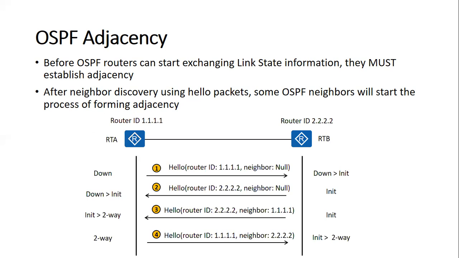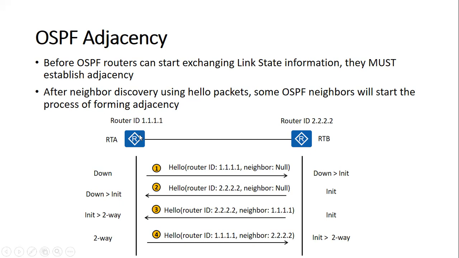We looked at this diagram in our last video, the process of forming neighbor. Remember, we had the three states of neighbor. It can be down when this router has sent a hello packet but hasn't received any hello packet. Then it can transition to init state.